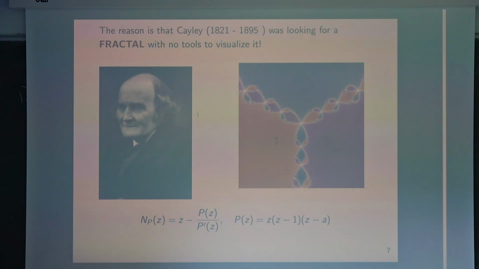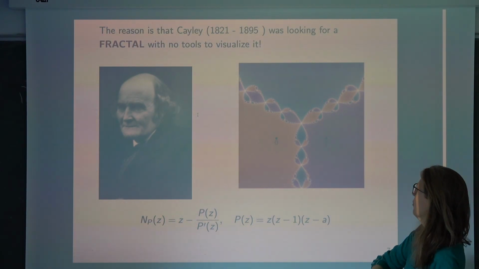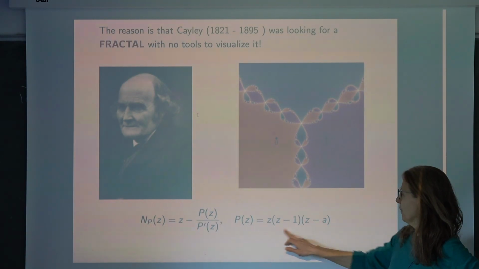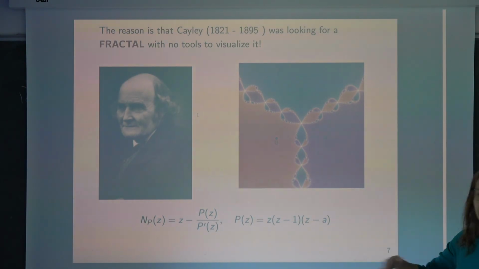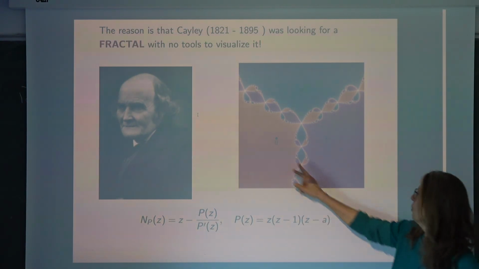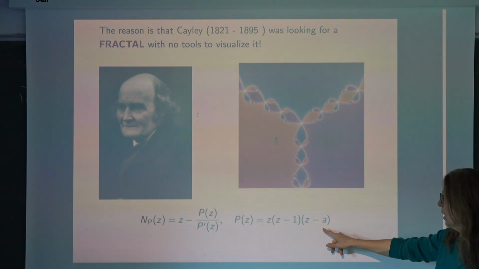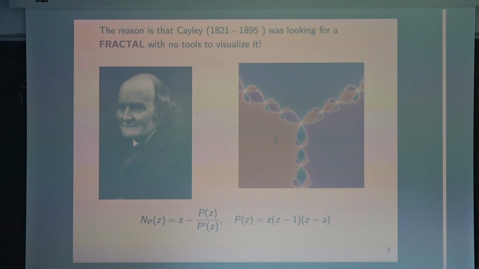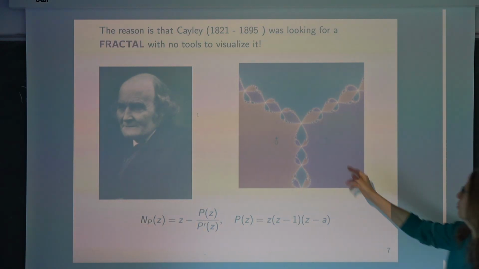Okay? So this is in fact a computer picture, and so the colors are not so nice. So this is, I start with this polynomial, okay? But I can change the polynomial, but so you can exactly understand what is happening. So you see the roots 0, 1, and a. But if you take any cubic polynomial, you will have a picture like this, and you will see the roots.